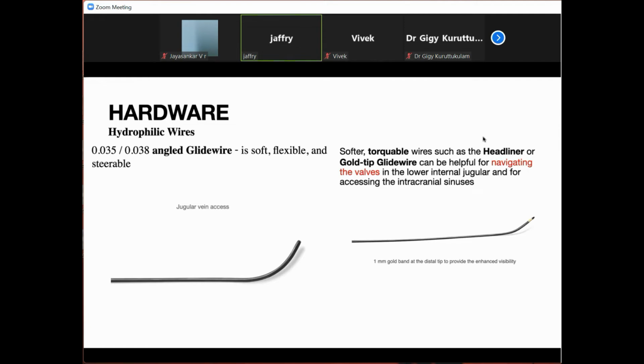In the gold tip glide wire on the right side of the screen, the tip of the wire has around a 1 mm gold band. This is very well visible under fluoro, and we can easily navigate when we approach a valve in the great veins, see it under the fluoroscope, and pass through the valves.